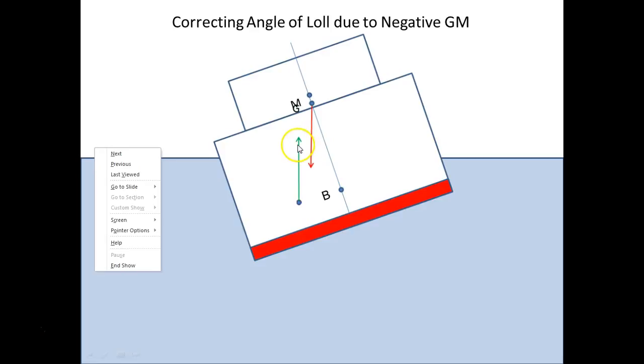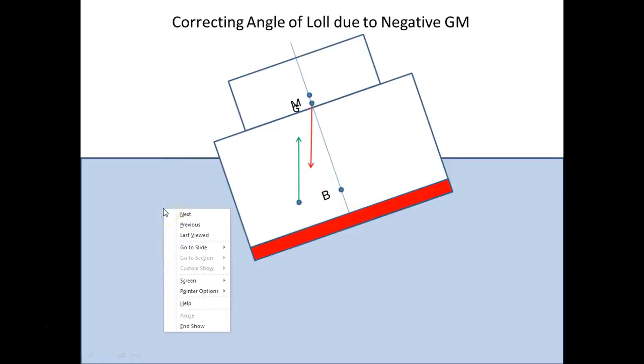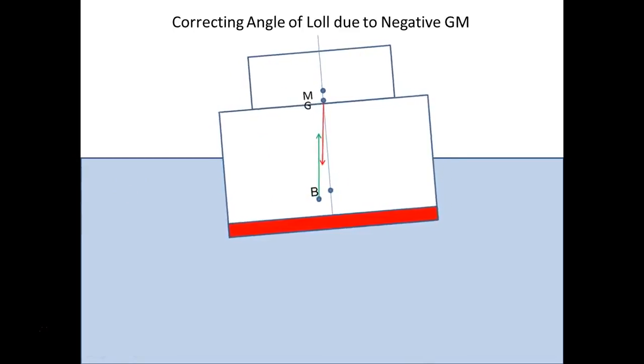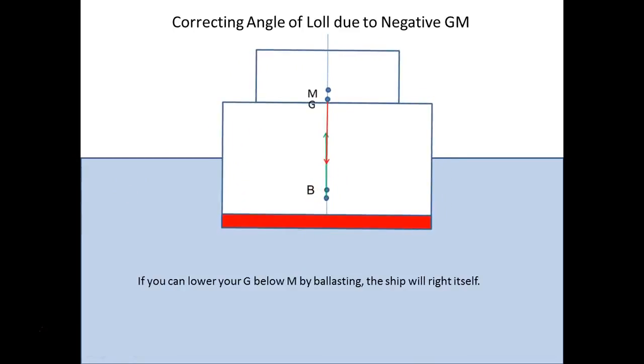And the vessel is just going to start to right itself until B comes back underneath G, which will happen when B is back on the center line. So let's watch that. And the vessel comes back to rest. If we can get G below M, then the vessel will be back at rest, and we're in the upright condition, and our problem is solved.